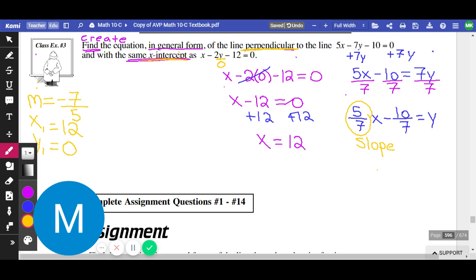I now have a slope and a point to go through. So I can create slope point form. Creating slope point form, we go y minus y1, y minus 0, equals m, which is negative 7 over 5, times x minus x1, x minus 12.